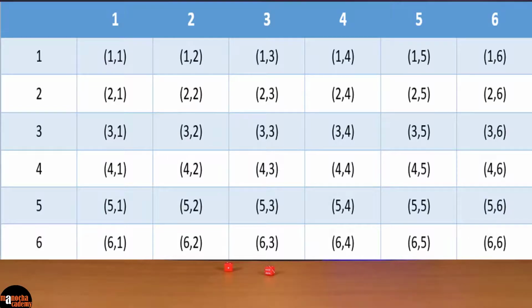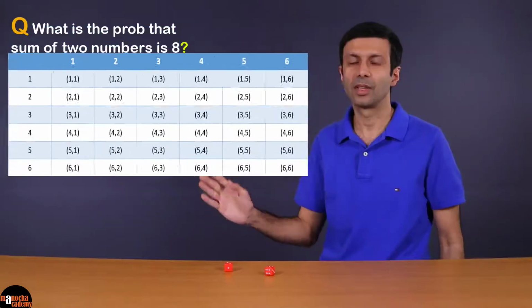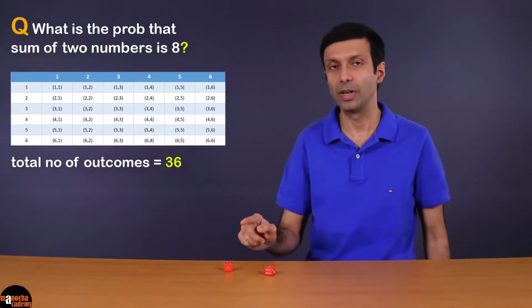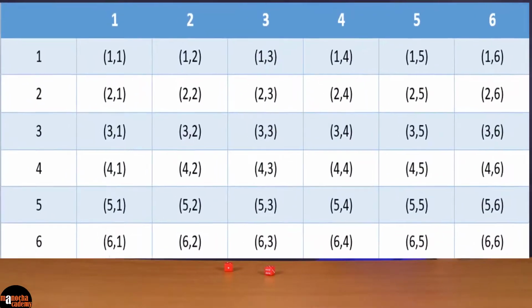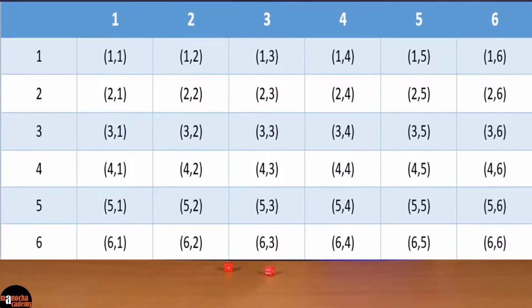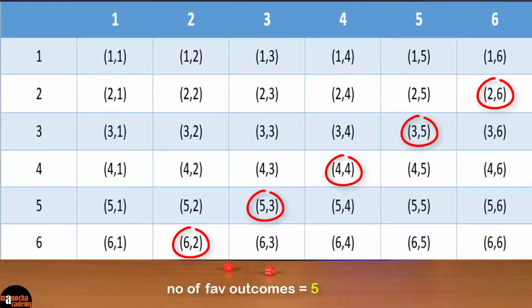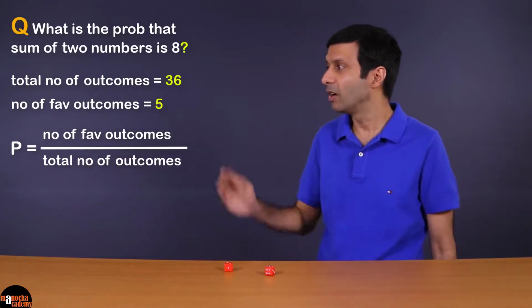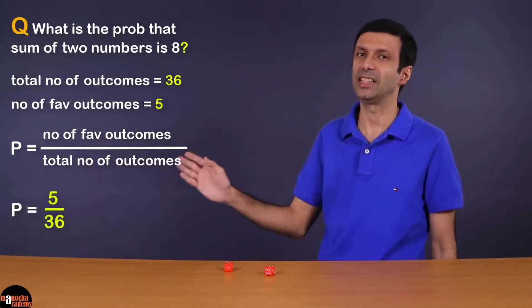It's going to be 6 into 6, so that's 36. And what is the number of favorable outcomes, that is, the sum of the two numbers should be 8? As you can see from the table, the number of favorable outcomes is 5. So the probability that the sum of the two numbers here is 8 is going to be 5 by 36.